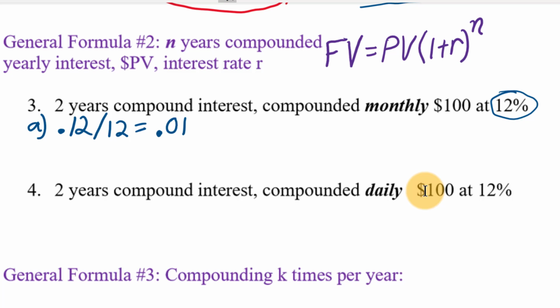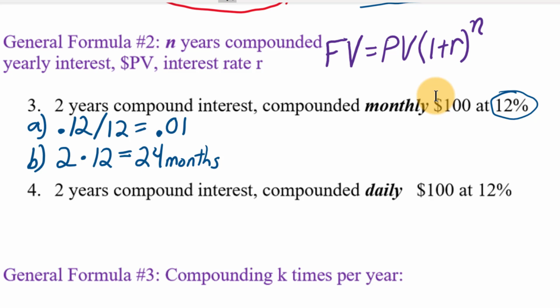Then the second step is, okay, if this is being compounded for 2 years every month, how many total compounding periods are we going to have? Well, it's going to be 2 years times, there's 12 months per year, that's going to be 24 months, 24 times that this is going to be compounded.